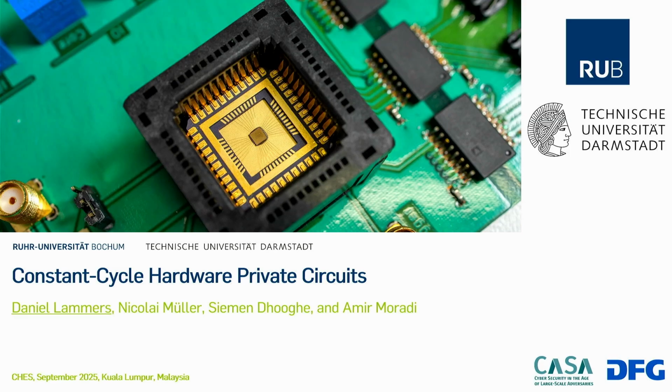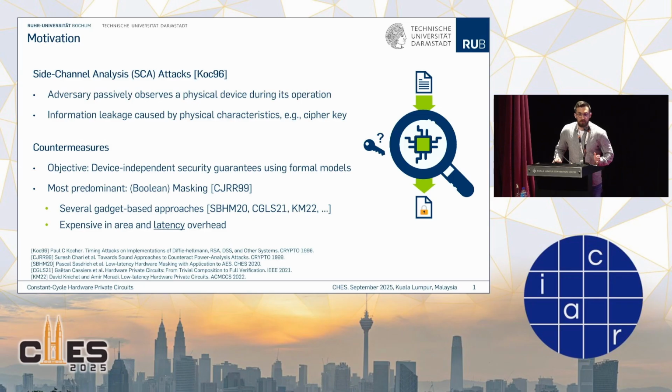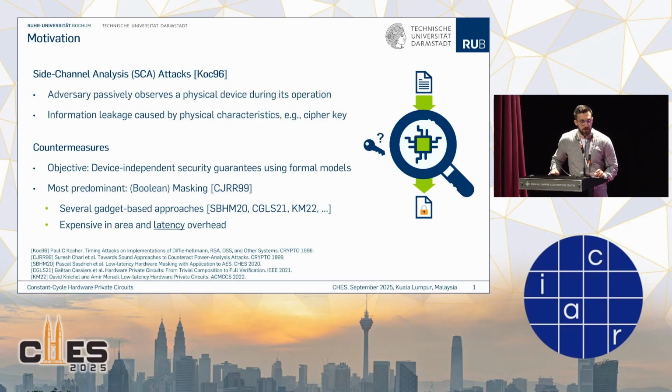So let's start with the motivation for this work. In practice, we face the issue that an adversary might observe the power consumption of a device during its operation, and then, based on the collected data, might extract secret information that is used during the processing. In recent years, many countermeasures have been introduced. And here the objective shifts toward security guarantees that we try to achieve using so-called formal models.